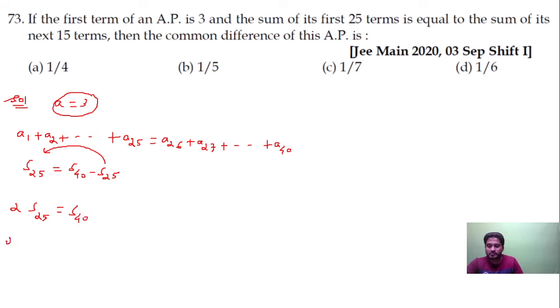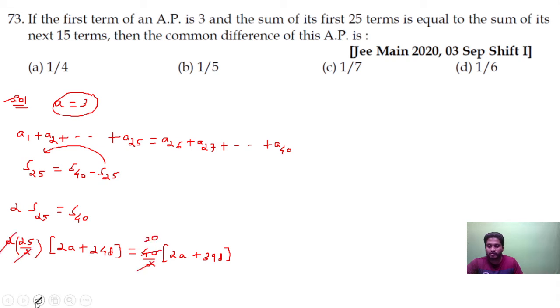So sum to n terms of an AP will be equal to n by 2, okay, into 2a plus n minus 1, that is 24 into d. Okay, here also same, n by 2 into 2a plus n minus 1, that is 39 into d. So this 2 and 2 cancels, this will cancel with this 20 times.